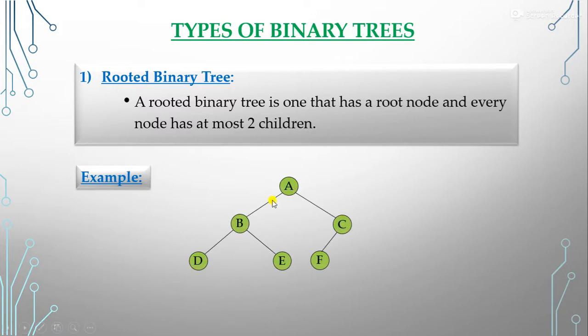Here we have the root node A, which has 2 children, B has 2 children, and C has one child. So at most 2 children. So this is a rooted binary tree.